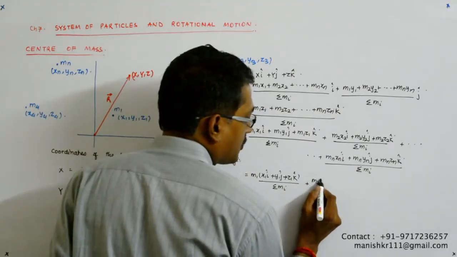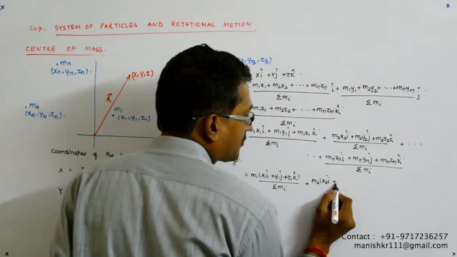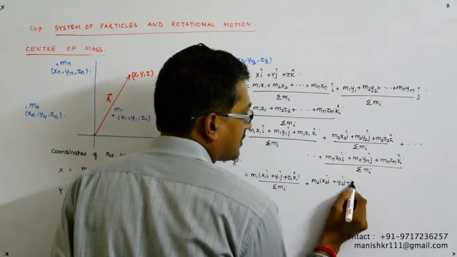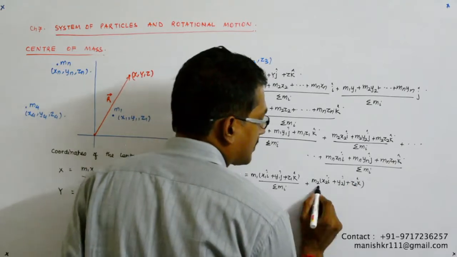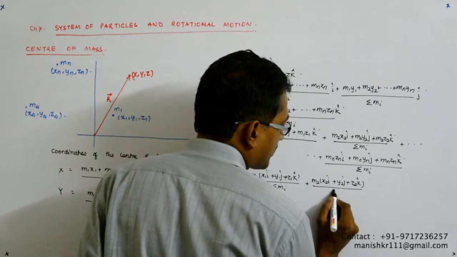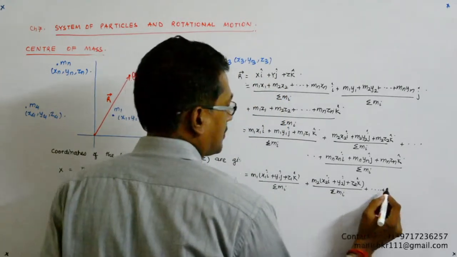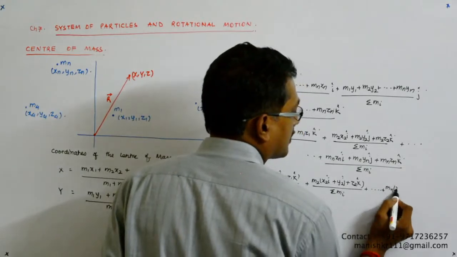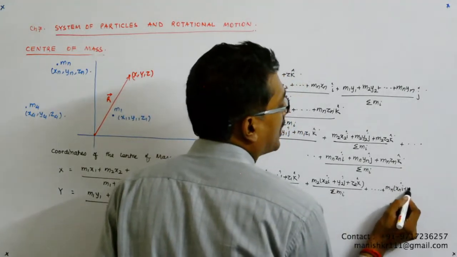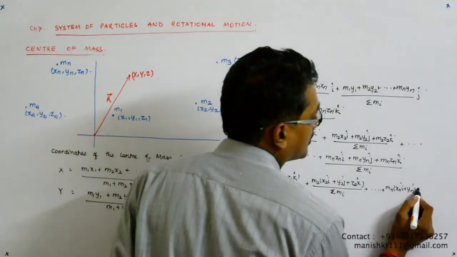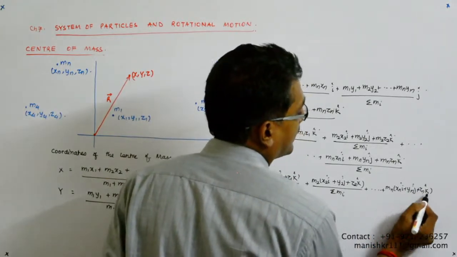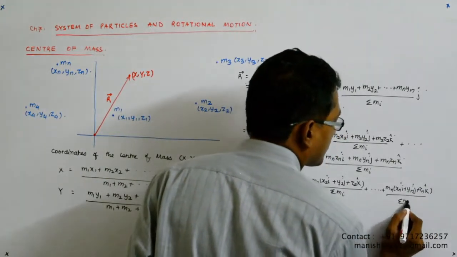Plus m2 into x2 i cap plus y2 j cap plus z2 k cap divided by summation mi, plus mn into xn i cap plus yn j cap plus zn k cap upon summation mi.